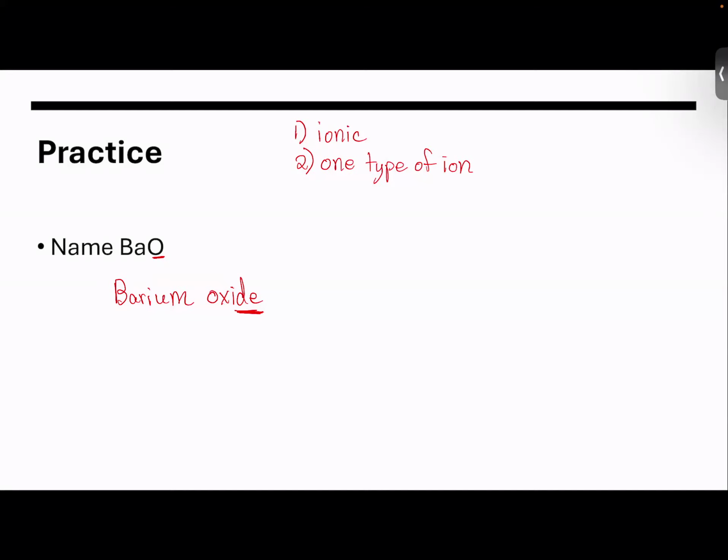Let's look at the next example. Is it ionic or molecular? It's ionic because it contains a metal. Are we looking at one type of charge or more than one type of charge?